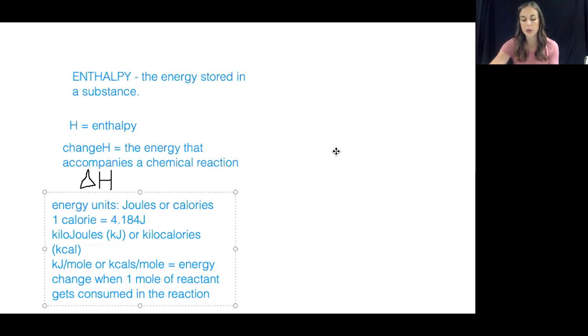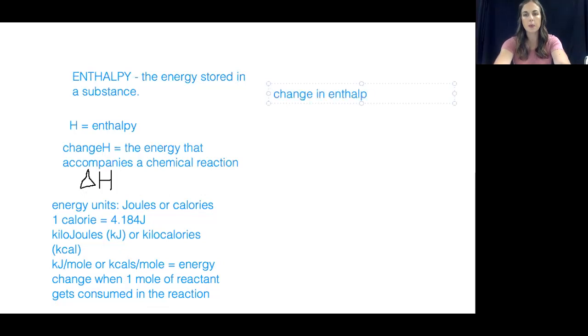You do need to be able to recognize the units that are attached to the change in enthalpy, but you also need to understand, and I'll type this out for you too, that change in enthalpy can be either positive or negative. It's going to be positive for endothermic, and it's going to be negative when the reaction is exothermic.